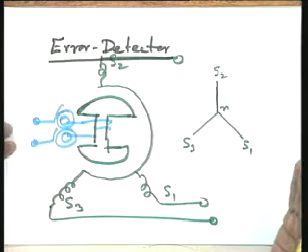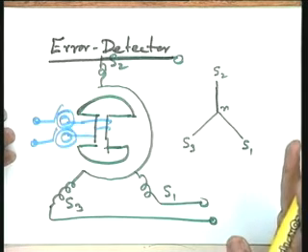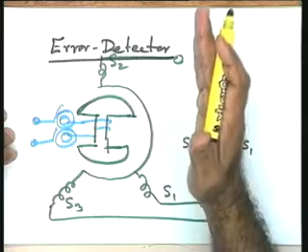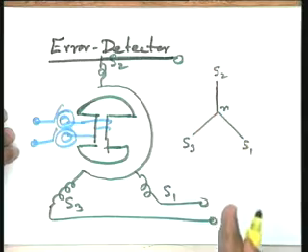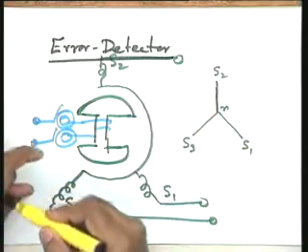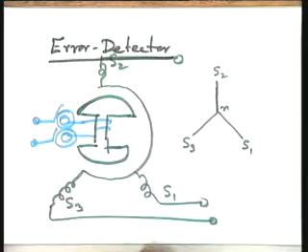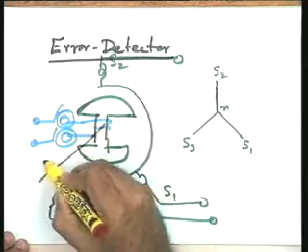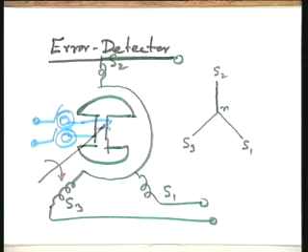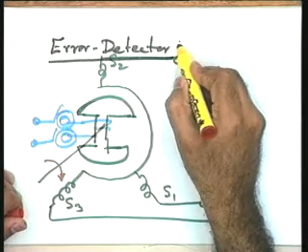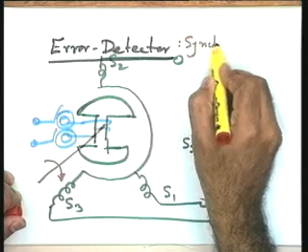So the output in this particular case is the EMFs available at S1, S2, S3, and the input in this particular case is the rotor position. Please see, I can change this particular position. So it is a device called a synchrotransmitter. The name of this device is synchrotransmitter.